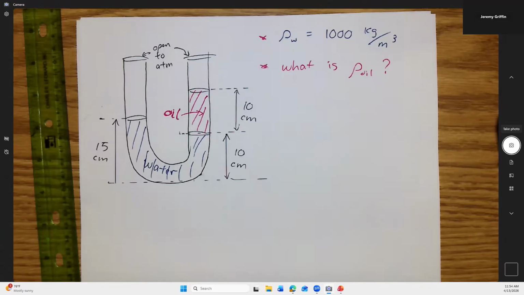Okay, so on the left side, I got 15 centimeters. On the right side, that's 10 centimeters and then 10 centimeters. And the density of water is 1,000 kilogram per cubic meter. So what's the density of that pink oil?